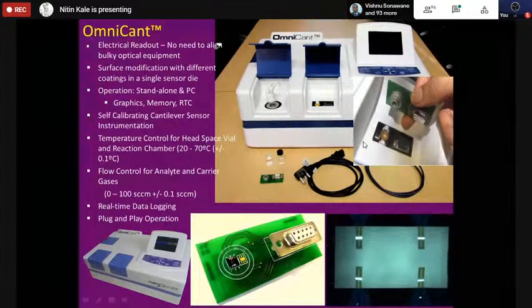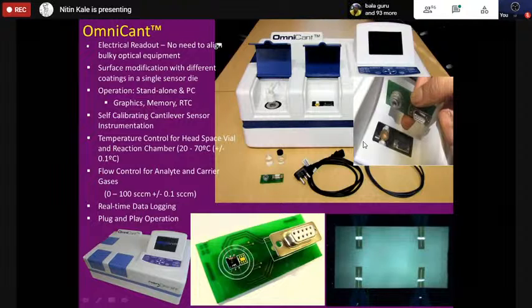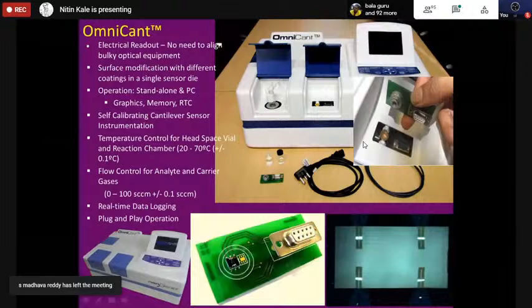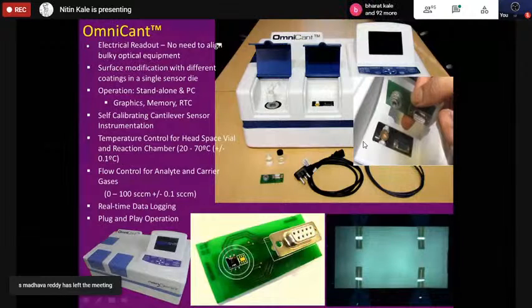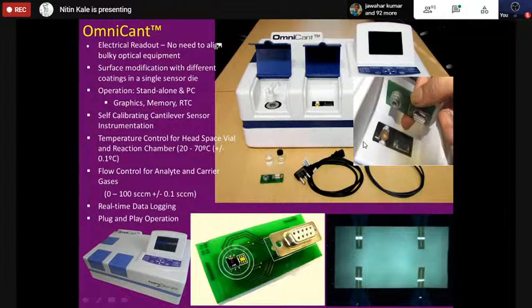The cantilever is present inside this. So when you fit this here, the gases that are coming from the flow path are going to interact with the microcantilever. This is how the PCB looks from another view. The flow cell is fitted here, and the connector is here, and this is the die. These are some of the specifications. Basically, it's trying to say that it's a plug and play kind of instrument, and it's highly sensitive.